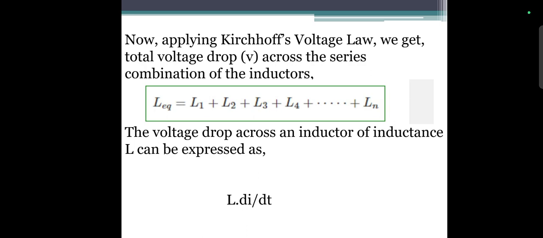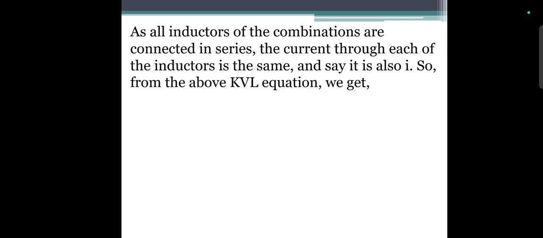The voltage drop across an inductor of inductance L can be expressed as L into di by dt. As all inductors of the combination are connected in series, the current through each of the inductors is the same.